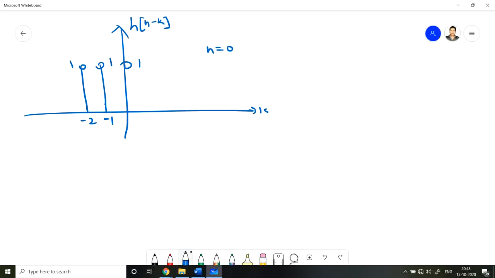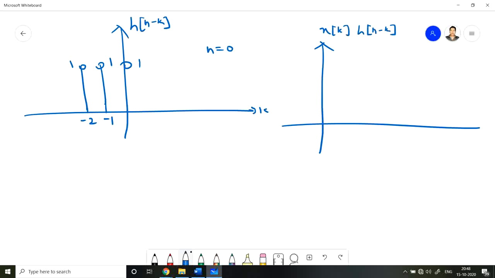The product of x[k] with h[n minus k] gives only one value, for k equals 0, because there is only one point at which x[k] and h[n minus k] overlap for n equals 0.